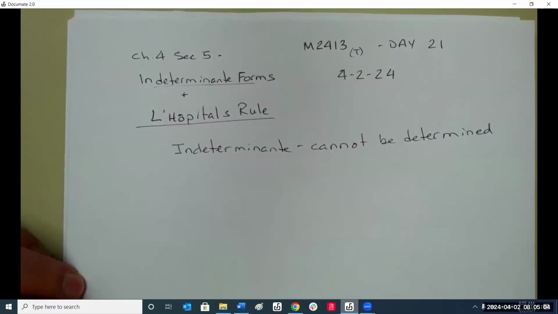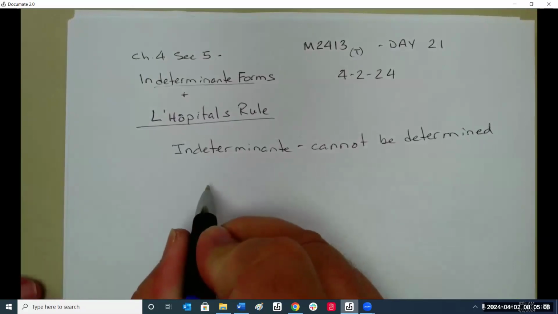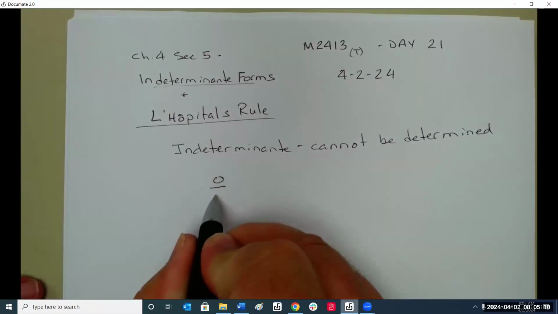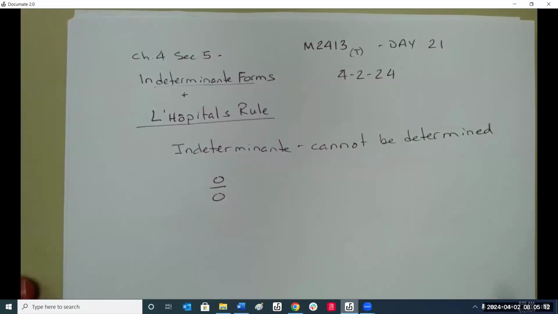In mathematics, there are certain types. In other words, for example, fractions like 0 over 0. That looks like a number, but we don't know what it is. Is it 1? Is it 0? Is it undefined? Is it infinity? We don't know.